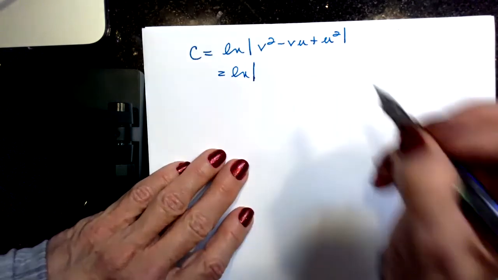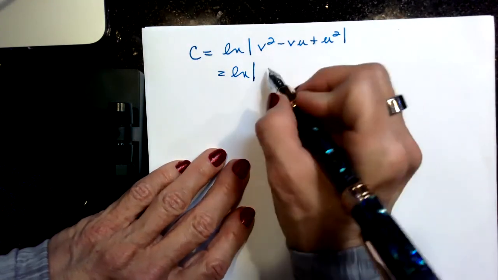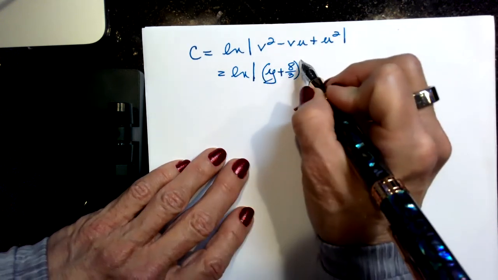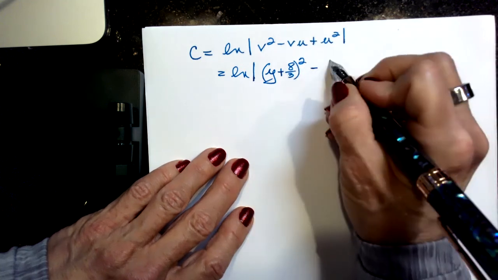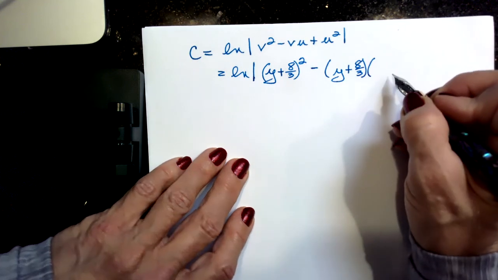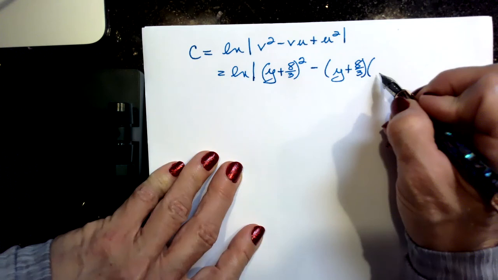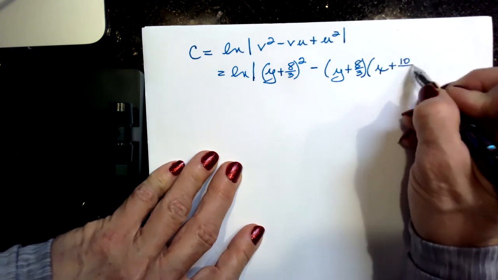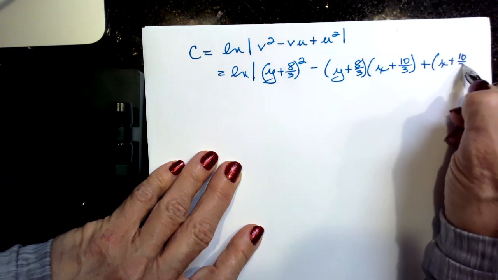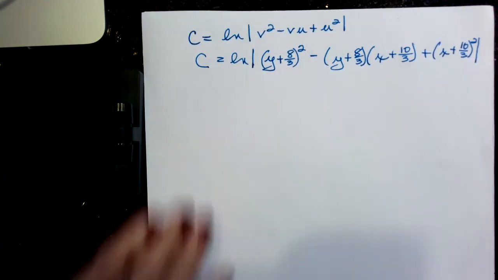Okay, so V is y minus k, and k was minus 8 over 3. So this is (y plus 8 over 3) quantity squared, minus (y plus 8 over 3) times U, which is x minus h, and h was minus 10 over 3, so that's (x plus 10 over 3), plus (x plus 10 over 3) quantity squared, in absolute value equals C. Okay.